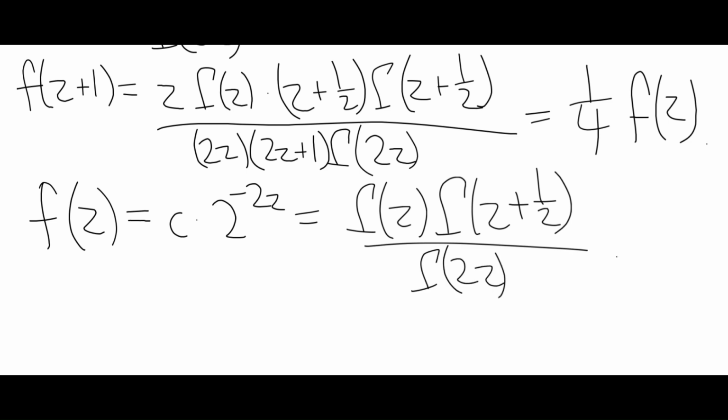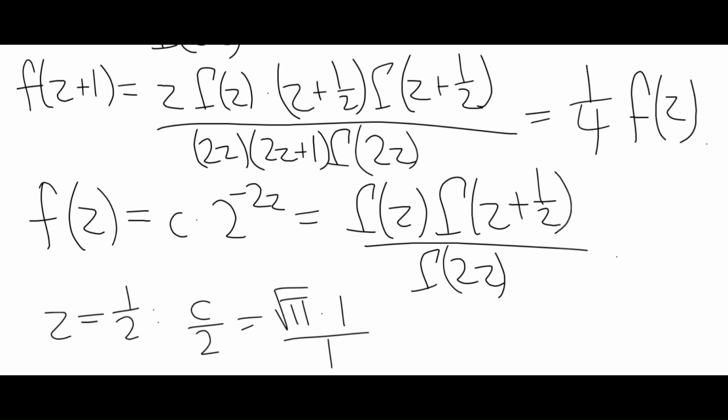Now the last bit is easy. Figuring out this constant requires just plugging in a single value of z. So let's plug in z equals 1/2. We get c over 2 equals gamma of 1/2, which is square root pi, over gamma of 1, which is 1. So c equals 2 square root pi.